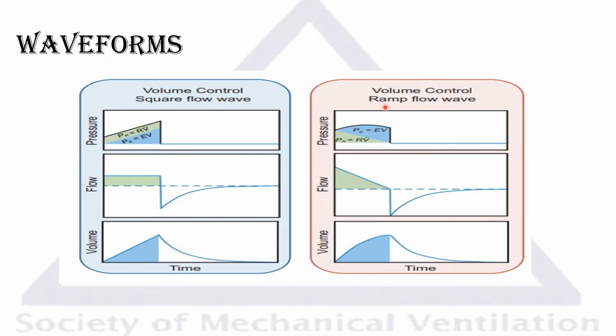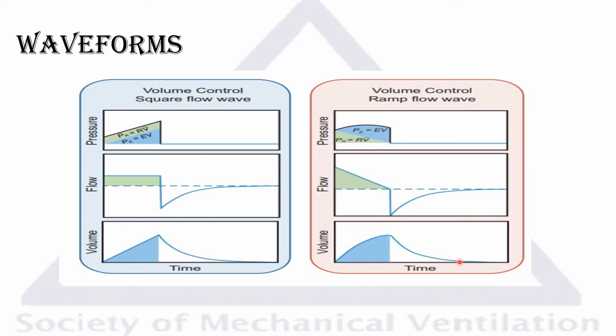Now let's go to the ramp flow waveform. Again, it looks descending like this. And if you look at the airway pressure here compared to this, of course, you can see the difference, a little bit, almost like a rectangle or a square. And again, the beginning of the breath is to overcome the resistance, and the rest, as the flow comes down, is to overcome the elastance, and the tidal volume looks a little bit different.